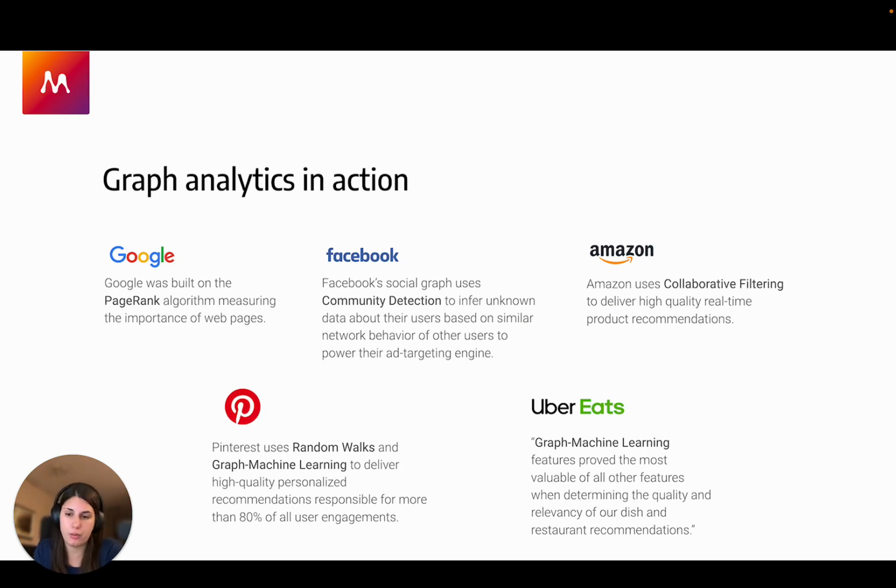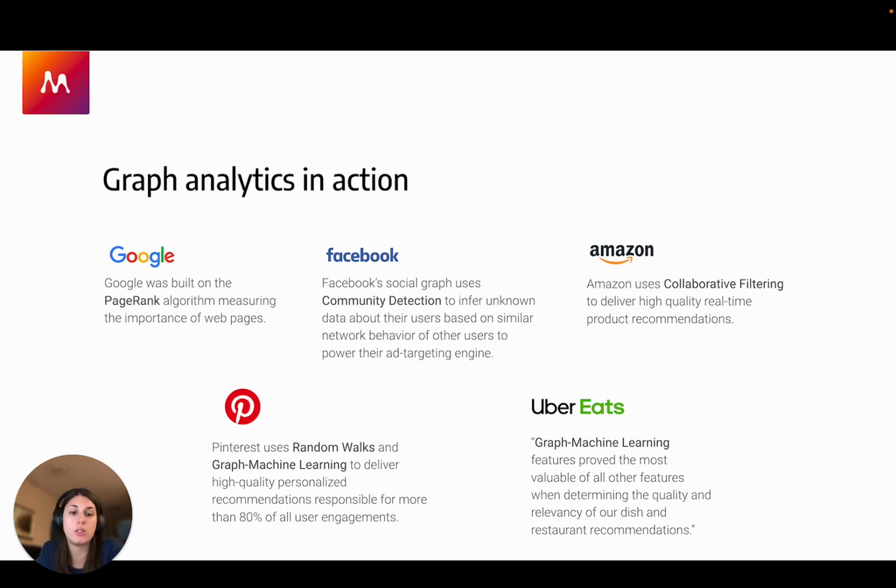Maybe you heard of some graph algorithms that are being used now by some of the most familiar companies, such as Google. Google has built the PageRank algorithm for the ranking of search results. Facebook is using community detection, as well as other social networks. Amazon uses collaborative filtering for recommendations. Pinterest uses random walks and graph machine learning, also for recommendations.